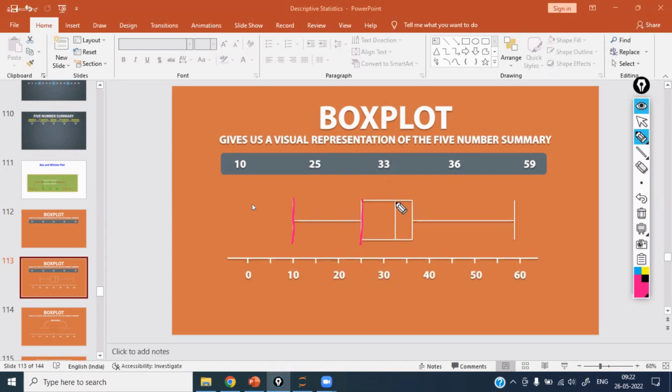For 33, draw the line. For 36, draw the line. For 59, draw the line. For 5 numbers, you draw 5 lines. This is the minimum value line, this is the Q1 line, Q2 line, Q3 line, and maximum line. Now the quartiles you are going to attach by the box, and this one you are going to attach by whiskers.